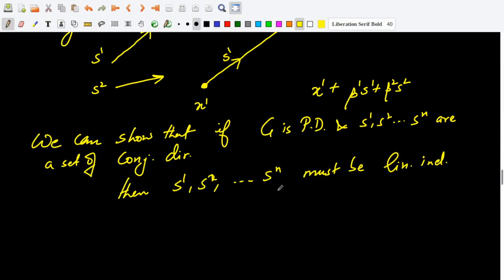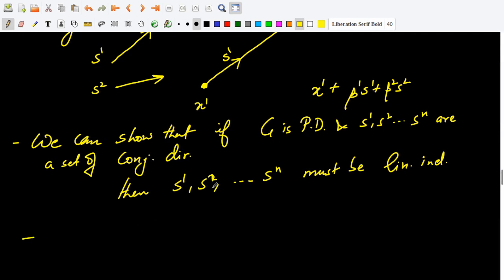Okay, so the proof is similar to the case when S1, S2, Sn are mutually orthogonal, but conjugate directions are not too different from orthogonality, so it is rather easy to prove this.